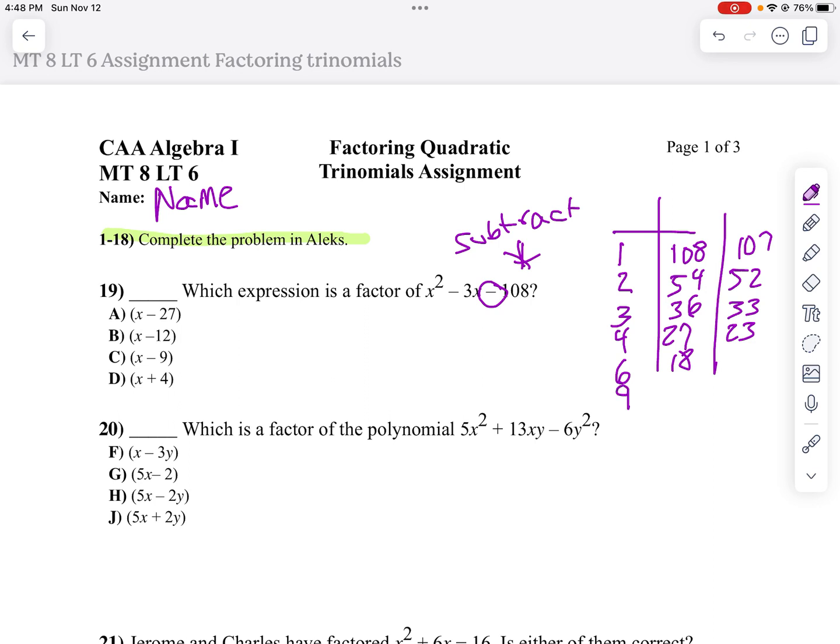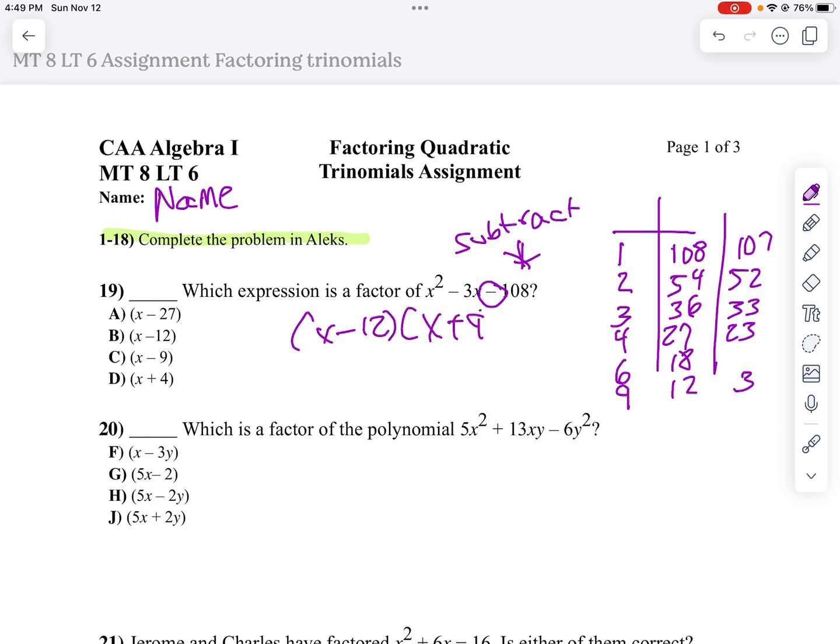If we take 108 divided by 9, we get 12. And the difference of 12 and 9 is 3. There we go. So my two factors are going to be 12 and 9. I want the bigger one to be negative. So it'll be x minus 12 and x plus 9.